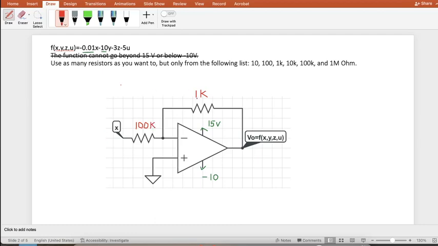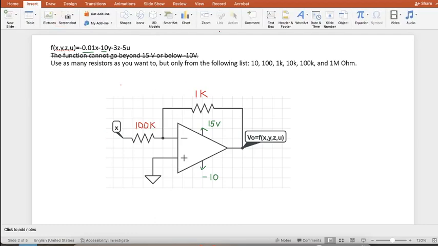So here, hopefully you see that the circuit is right now this way. It's only f of x, and it's only 0.01x. So I haven't complied with the whole V out is the function of all of them. But you see that I put a ground on the positive input, on the non-inverting input, and I put X on the inverting input.